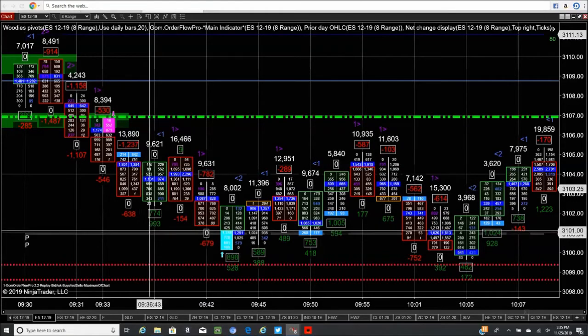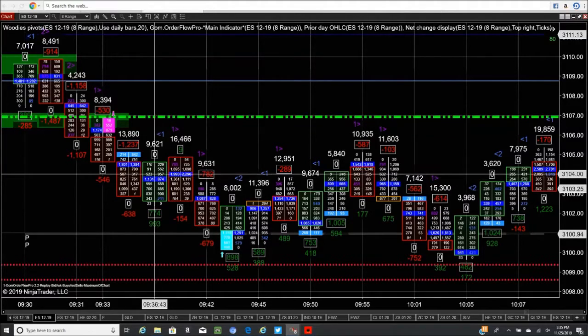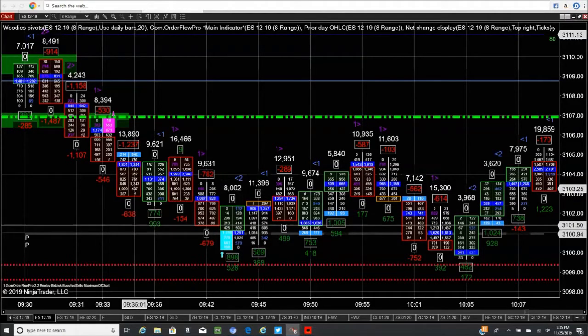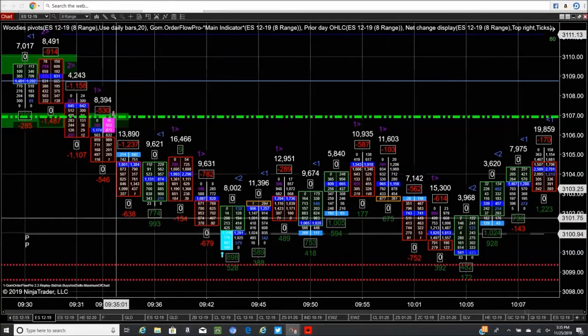So a positive 993 means that everything that went on inside this, there were 993 more on the bullish side than there were on the bearish side. A negative 638 means that there were 638 more on the bearish side than on the bullish side. And the reason that is important is because we're looking for divergences.